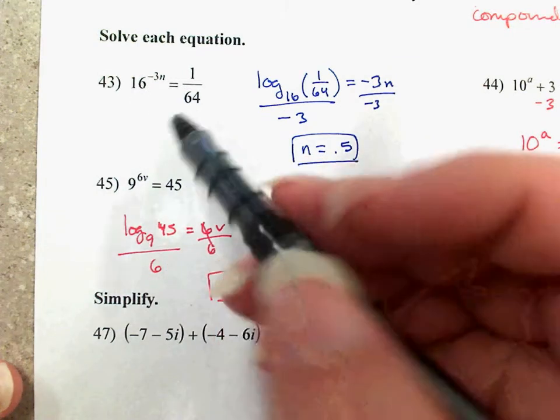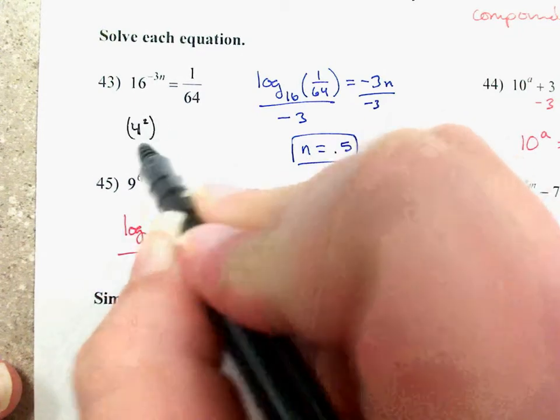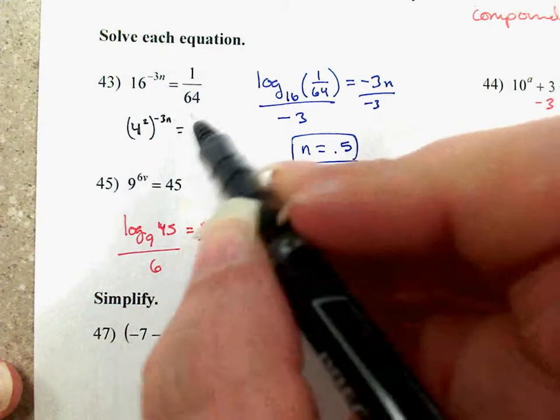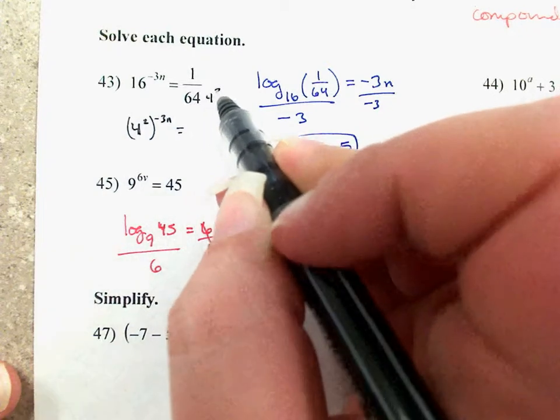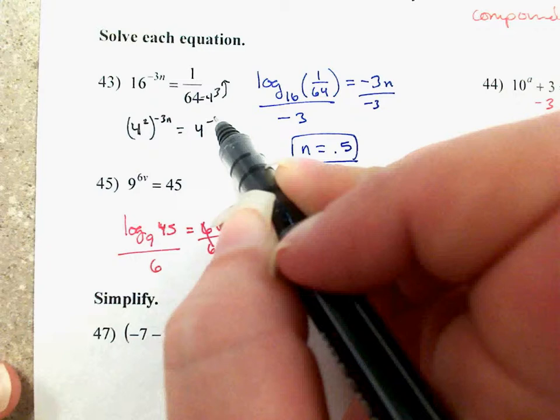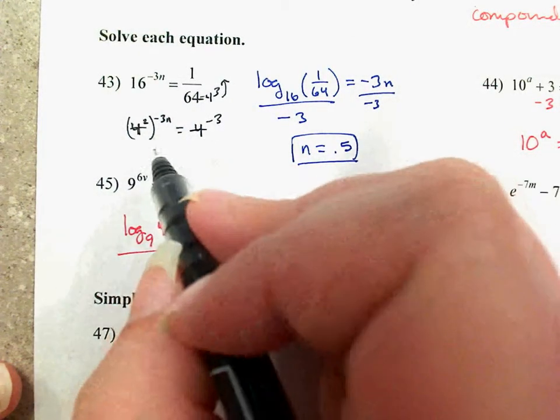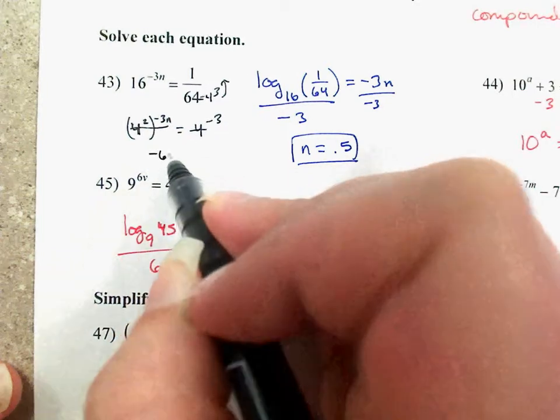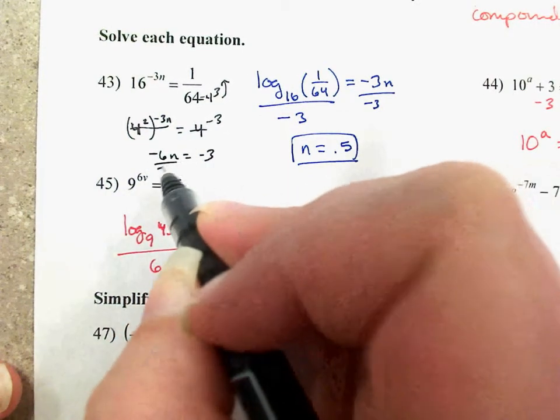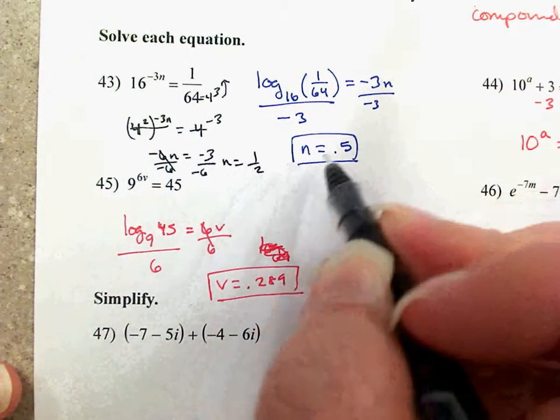So it's the same thing as saying 4 squared to the negative 3n. And this is the same thing as saying 4 cubed in the denominator, which means 4 to the negative 3. Well, the 4 to this equals 4 to that. The 4s already equal each other, so it's just a matter of negative 6n equals negative 3, if you divide by negative 6, then n equals 1/2. Same thing as 0.5. So it's just a matter of how you want to work it.